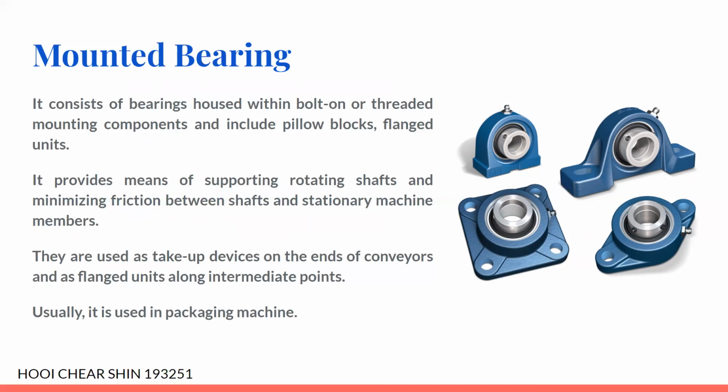It provides a means of supporting a rotating shaft and minimizing friction between the shaft and stationary machine members. They are used as take-up devices on the ends of conveyors and as flange units along intermediate points. Usually it is used in packaging machines.